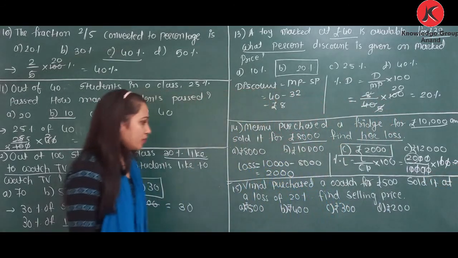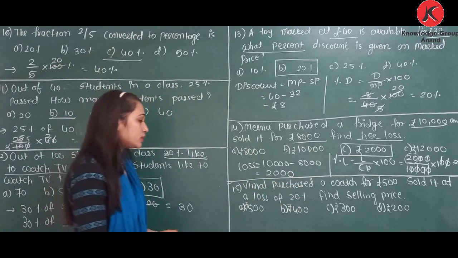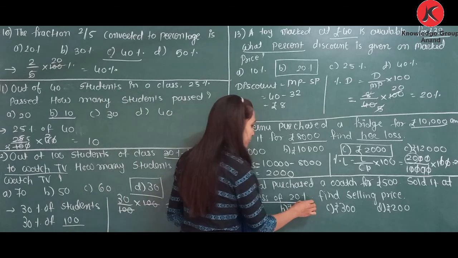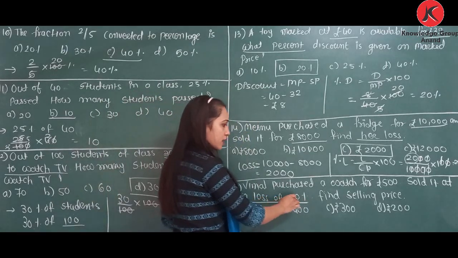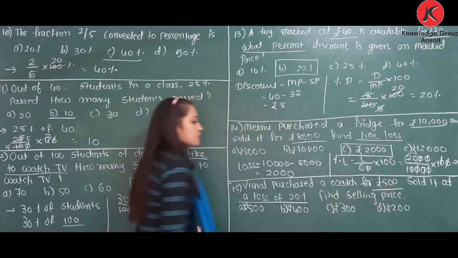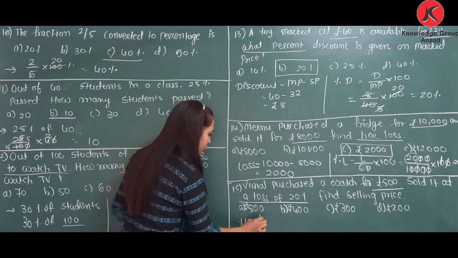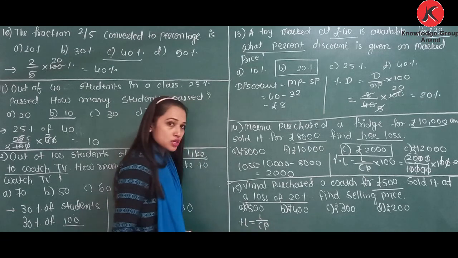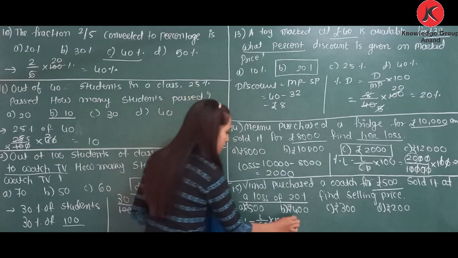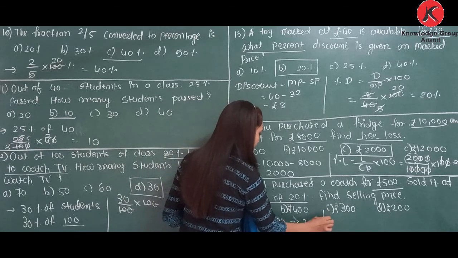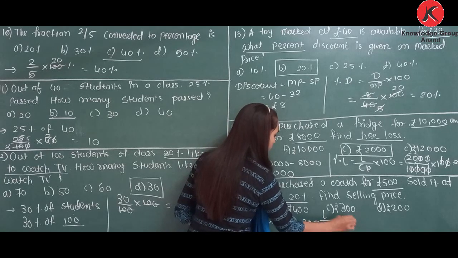Clear? Now next, Vimal purchased a watch for 500 and sold it at a loss of 20%. Find the selling price. Loss percentage is given, cost price is given, you need to find the selling price. So we can use the equation: percentage loss is equal to loss divided by cost price into 100. So here loss is 20, cost price is 500, multiply 100.